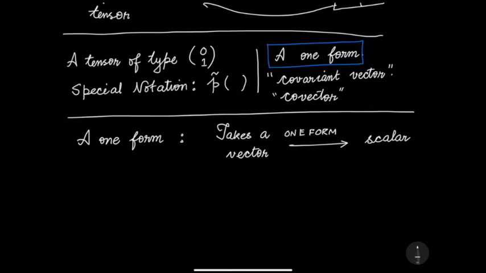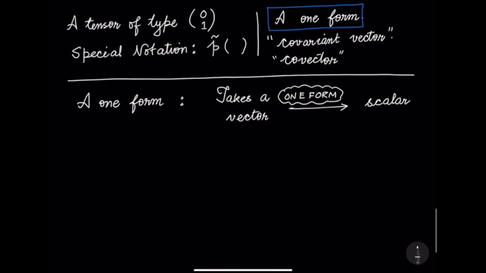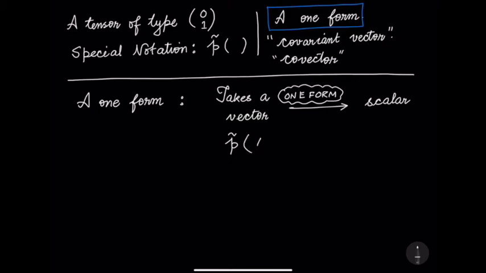The one form is the device that maps the vector to the scalar. That is what a one form is, right? So if I again write it, so P takes a vector A, gives you a scalar.